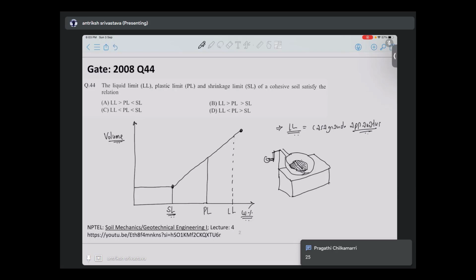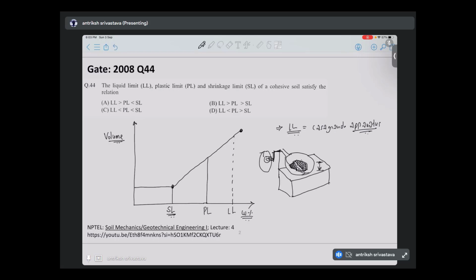Yes, very good. Pragati understood my question and has answered already, but still I'll ask: we make this groove, and when we rotate this mechanism here, this cup moves 1 centimeter up and then falls down.